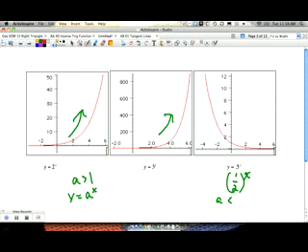And when a is less than 1, it's going to decay, it's going to go down. Now if there's a negative multiplied on the outside, it flips the graph across the x-axis vertically. That's the only difference that you would see.